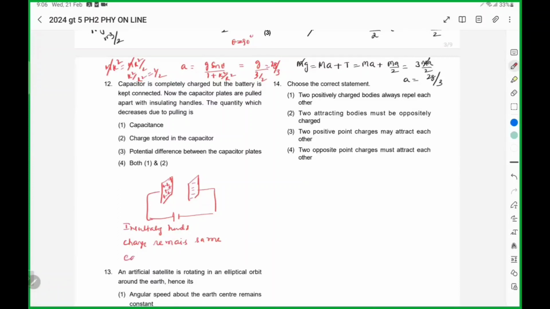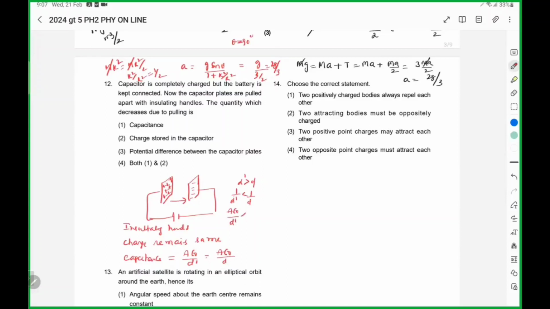Capacitance decreases. Why does it decrease? Actually, the plates are separated, so the new distance d dash will be more than d. So 1 by d dash will be less than 1 by d.